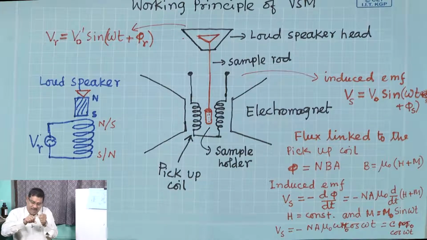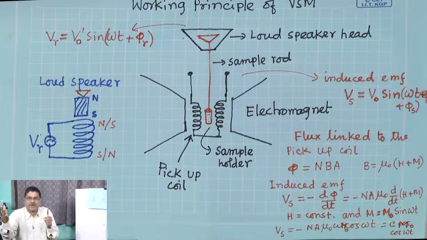If a coil is in a magnetic field and this magnetic field varies with time, there will be an induced EMF in the coil. So the change of flux with time will give induced EMF in the coil, and due to this induced EMF there will be current, and a corresponding voltage.